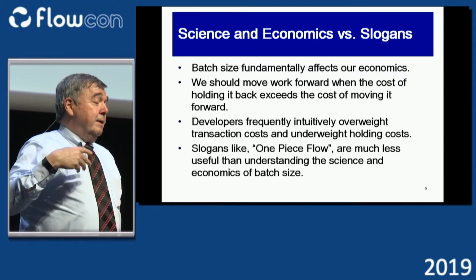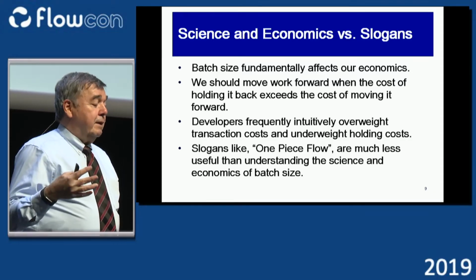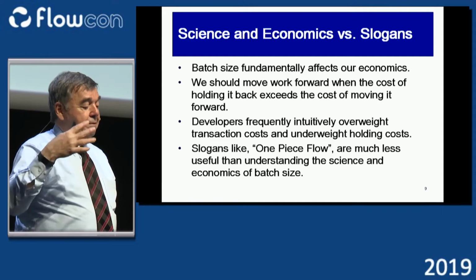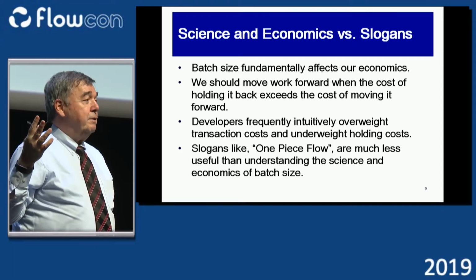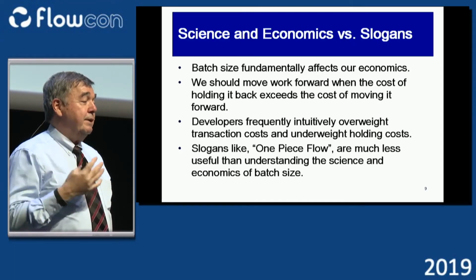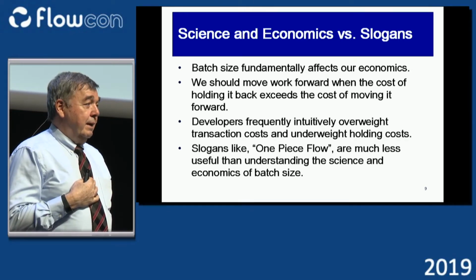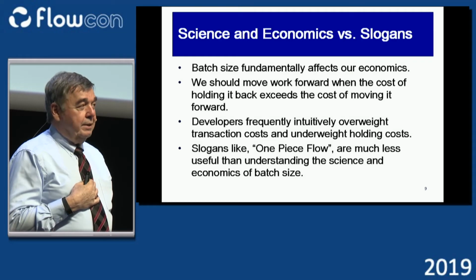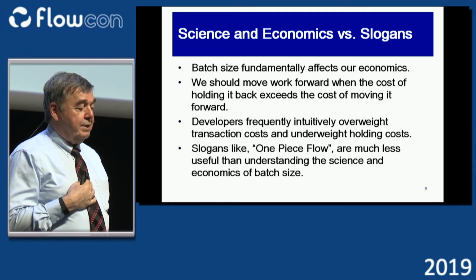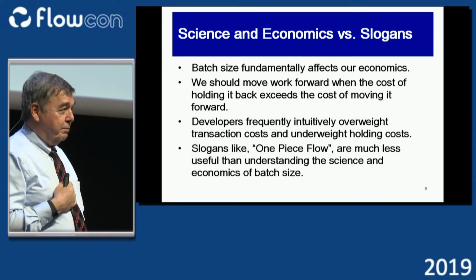Some people would like to think, well, if that's the goal we should aspire to, why don't we just focus on that as the correct unit to do work in? I'll show you when we get into optimal batch size that one piece is not the right answer.